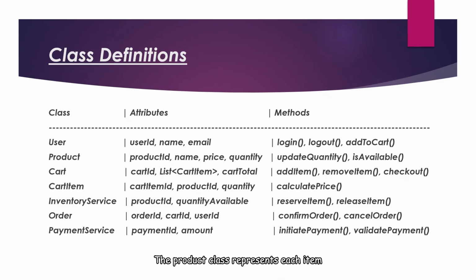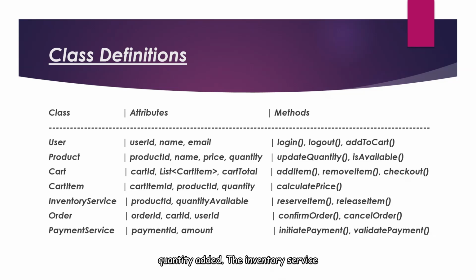The product class represents each item that can be added to the cart, including details like product ID, name, description, price, and available quantity. The cart item class is crucial in linking the product with the cart and provides functionality like calculating the total price based on the quantity added.